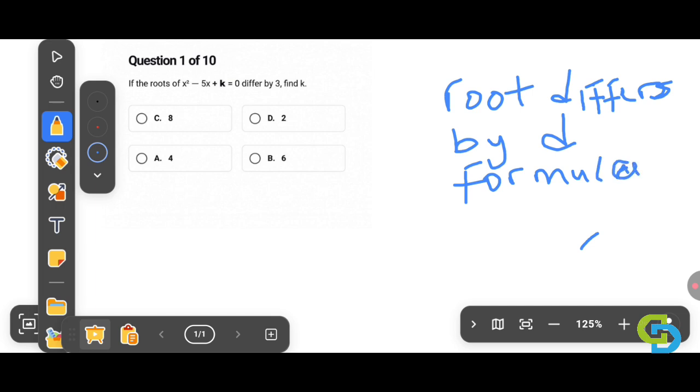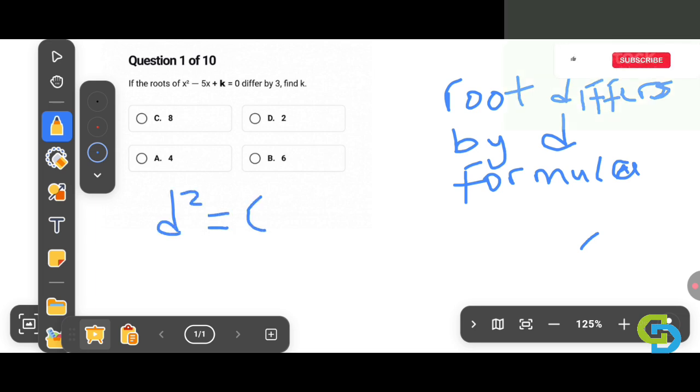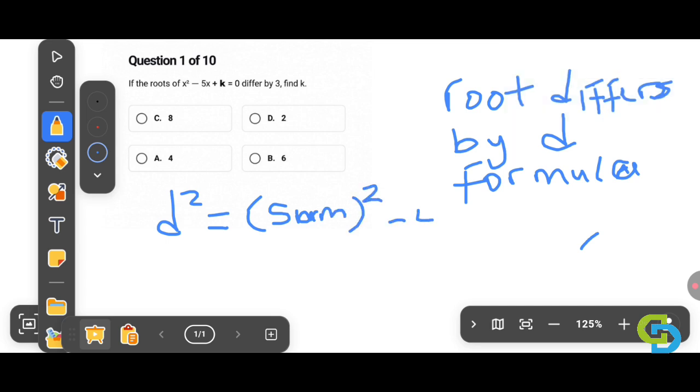And what does this formula state? The formula states that d squared is equal to the sum squared minus 4 times the product.